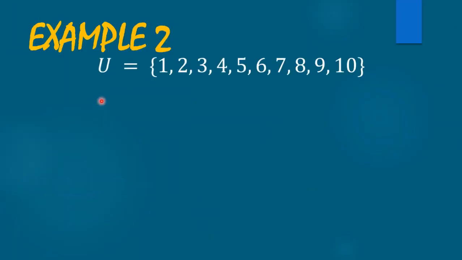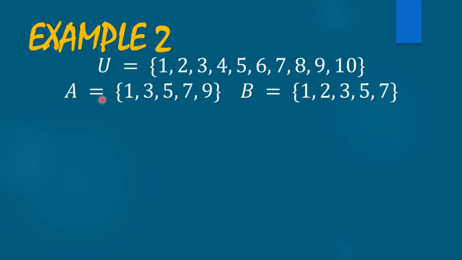So again, we have the universal set or the sample space from the 10 chips found in a bag. We have 1, 2, 3, 4, 5, 6, 7, 8, 9, 10. And then for event A, we have odd numbers.